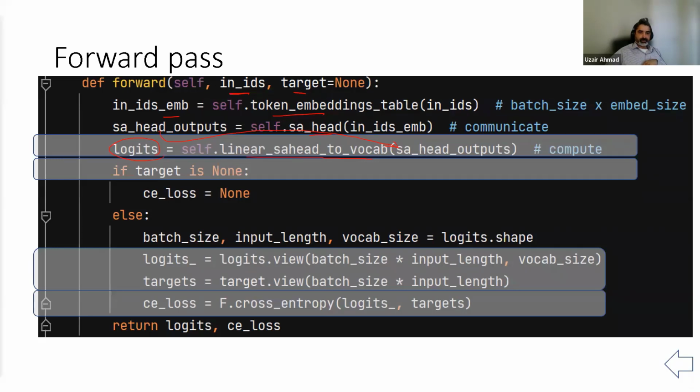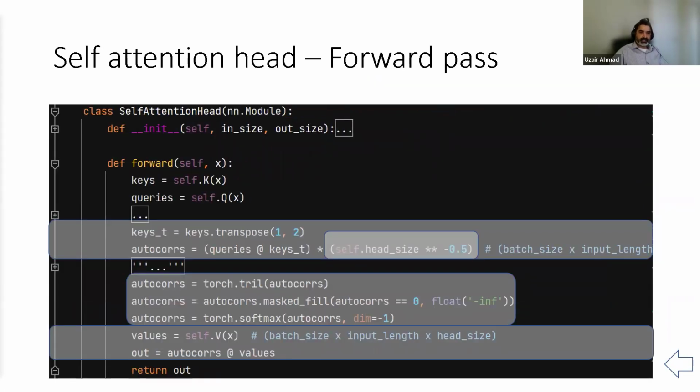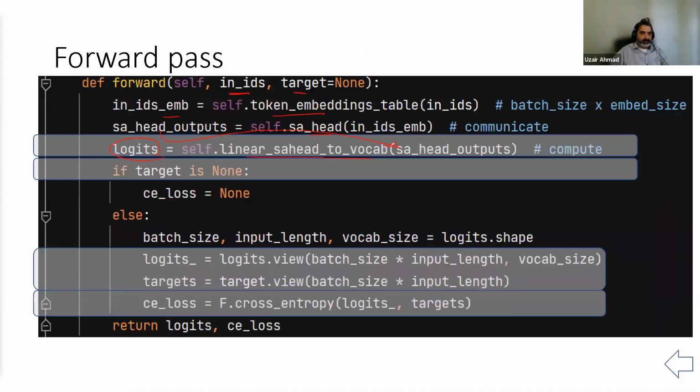Now we should ask what this SA head is doing. Self-attention head, we looked at its constructor. It had 3 multilayer perceptron or linear neural networks. When we pass inputs, the forward method is called. So on this line, we are passing these inputs, batch of inputs, through SA head.